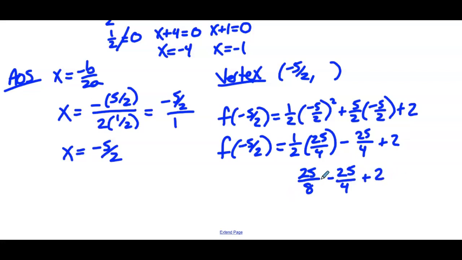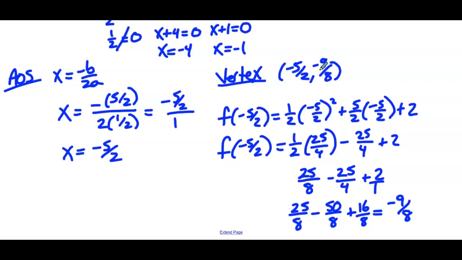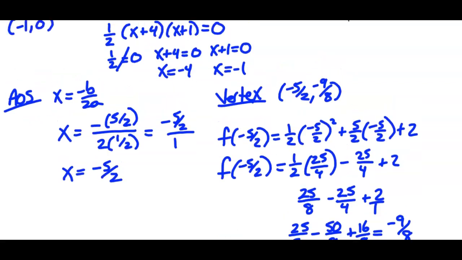Common denominator is really helpful here, so 25 over 8 we'll multiply by 2 over 2, so we have 50 over 8, and then multiply by 8 over 8, so we have 16 over 8. So that's going to be negative 9 over 8. So that's not too difficult of a value to use.